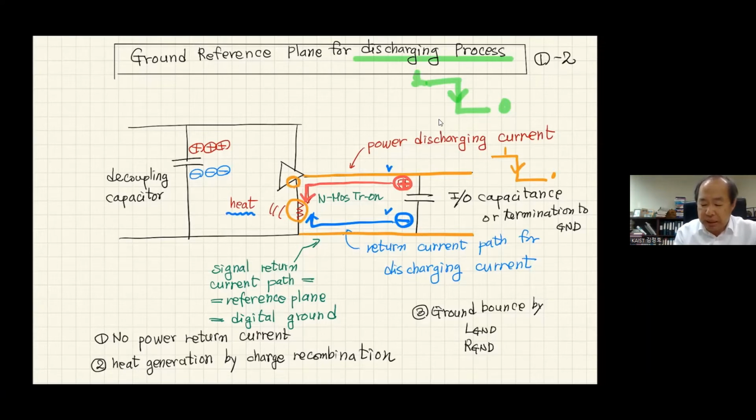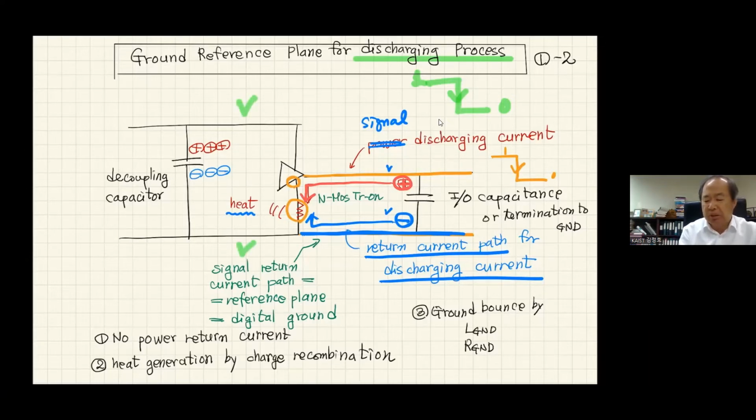So in this case, this metal plane, which is facing the signal line to make 50 ohm, is going to be a return current path for the discharging current. However, in this discharging process, we do not have any current at the power line and ground return current.